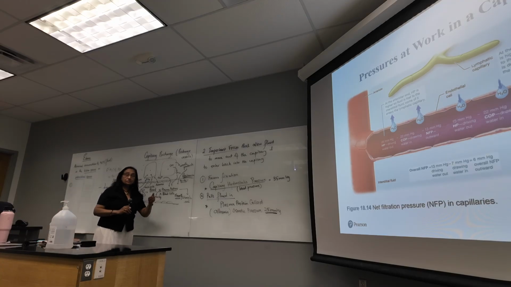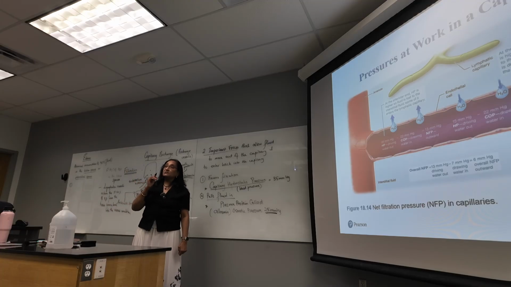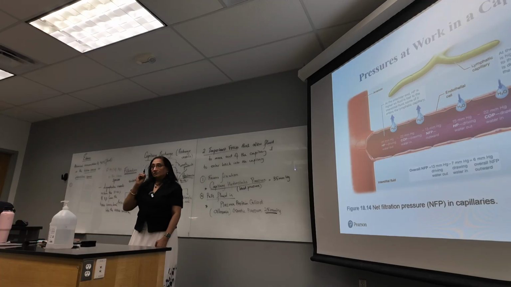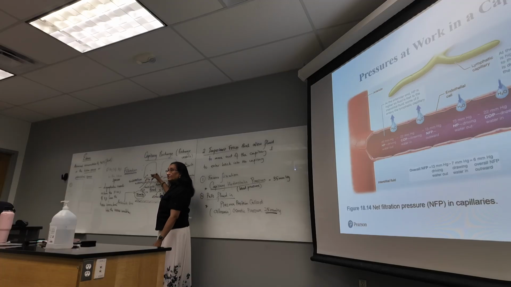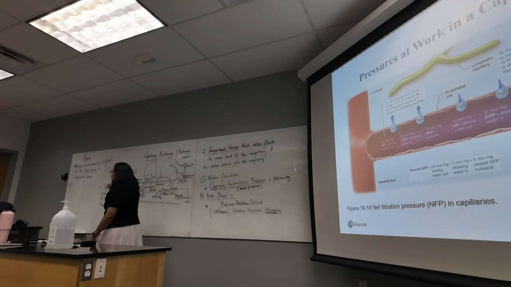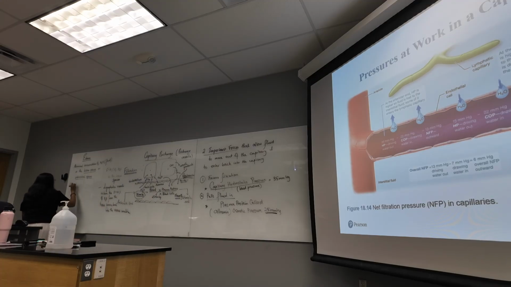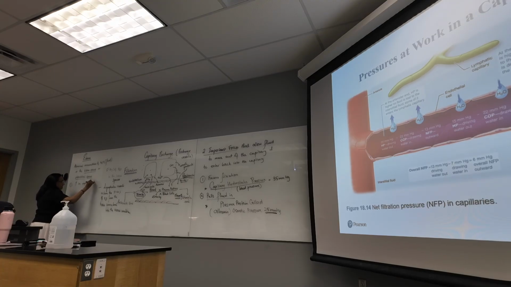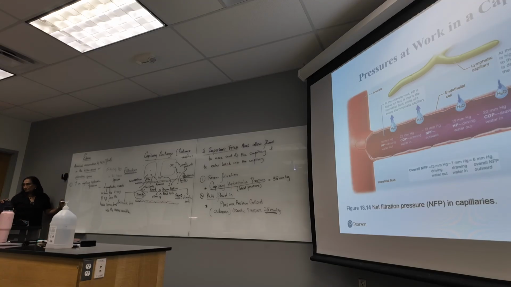So when the capillary hydrostatic pressure starts to go up, fluid will filter out even more and it will accumulate within the tissue spaces. So one reason for edema would be increase in capillary hydrostatic pressure, which generally happens when the heart is not doing its job properly, heart failure. Okay?